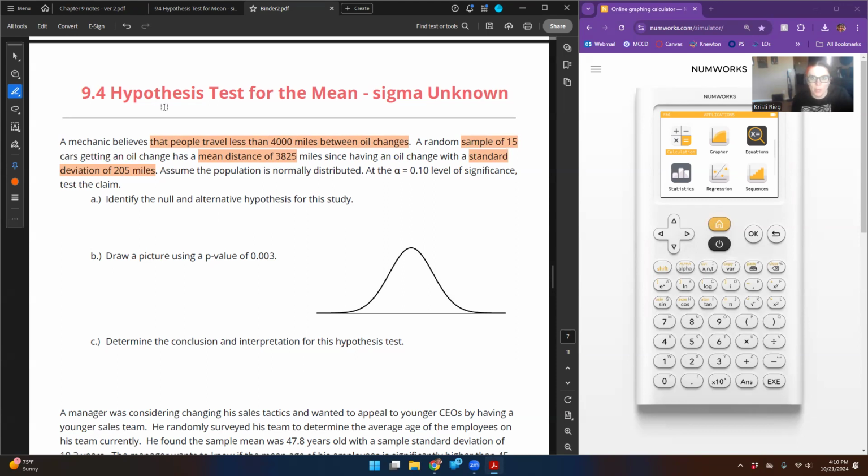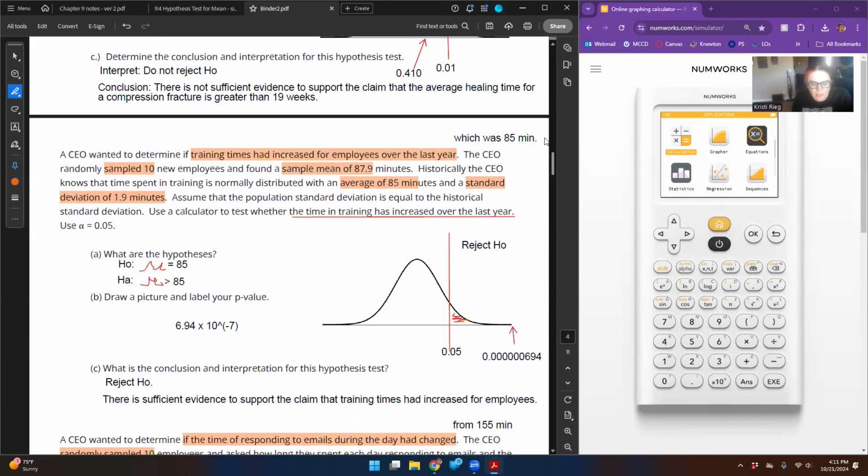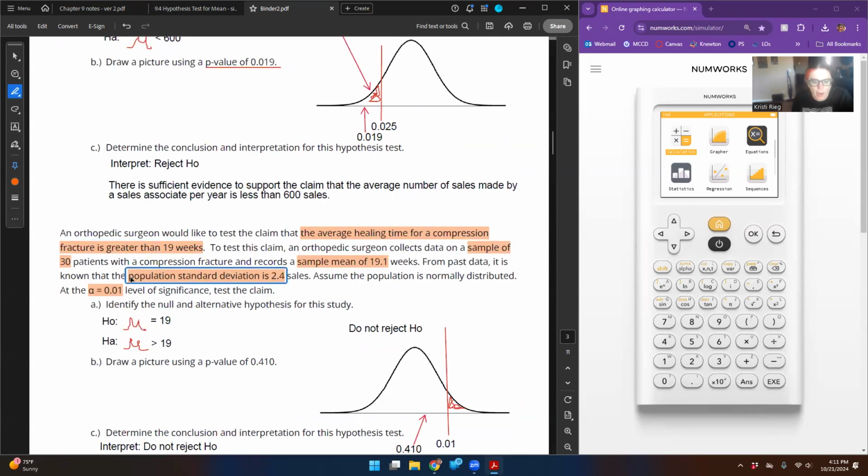But then when you get to the quiz, the difference between sigma unknown and sigma known: here it says a random sample, and so that means this is the sample mean, and that means this is the sample standard deviation. Going back just really quick, there's a good example here. Population standard deviation is listed.